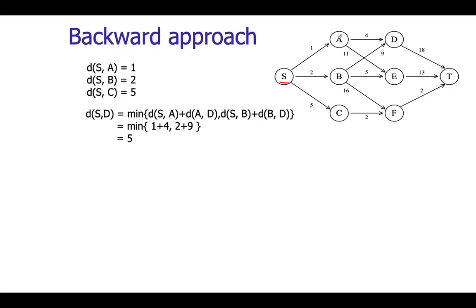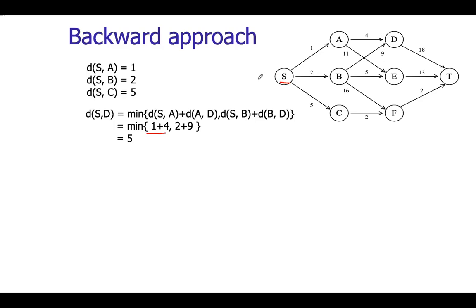Either I can go from A or from B. Minimum of distance of S comma A plus distance of A comma D, and distance of S to B plus B to D. So this is 1 plus 4 and this is 2 plus 9. What is the minimum distance? 1 plus 4. So this is the minimum distance to reach D.